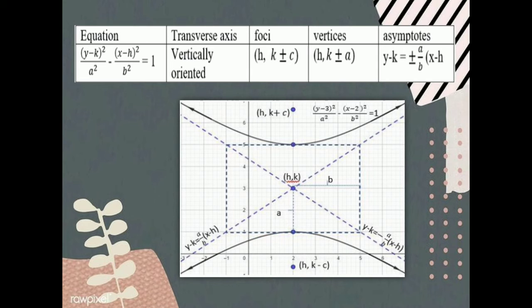The coordinates of the vertices are (h, k plus or minus a). The coordinates of the co-vertices are (h plus or minus b, k). And the equation of the asymptotes is y minus k equals plus or minus a over b times the quantity x minus h. And this is an example of the graph of the equation.